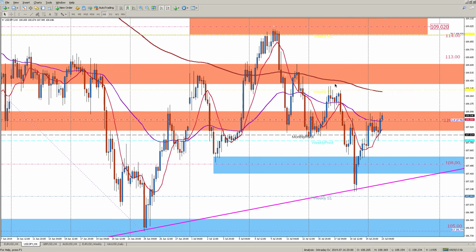Switching to the 4-hour time frame, and you can see that that will coincide with the 200 period EMA right next to the weekly R1 pivot. So there is quite a bit of resistance in the way of the advance for the dollar yen.